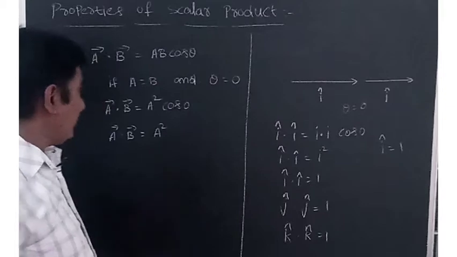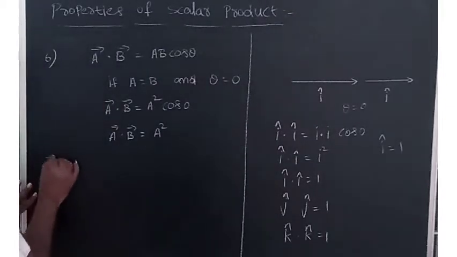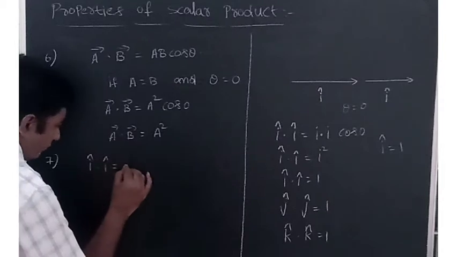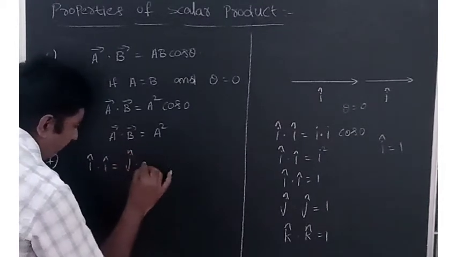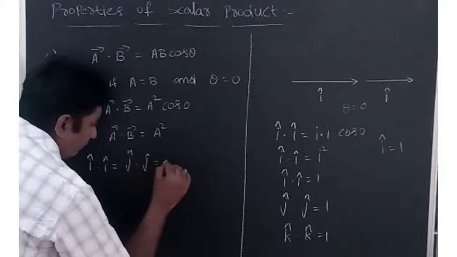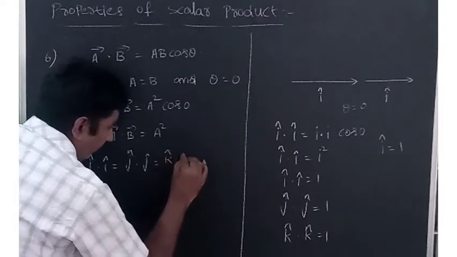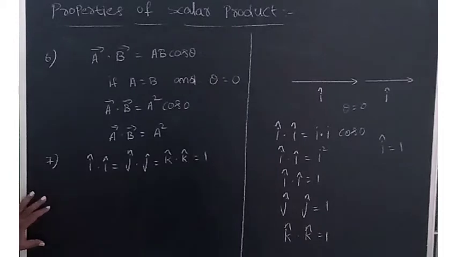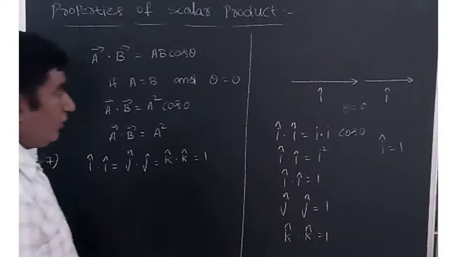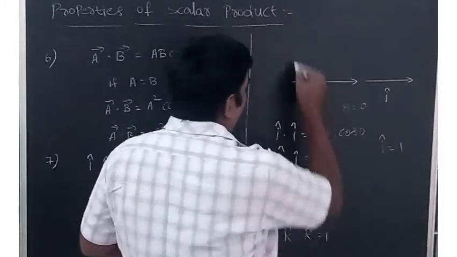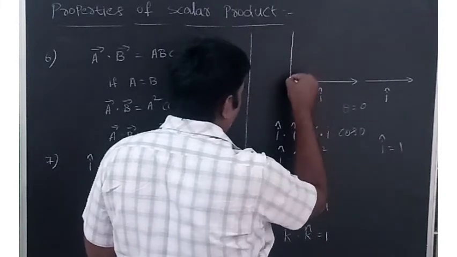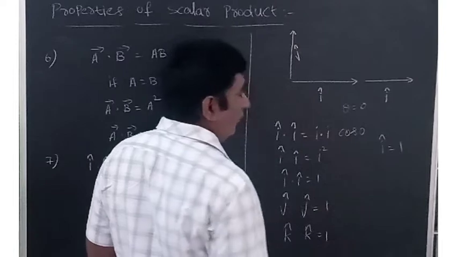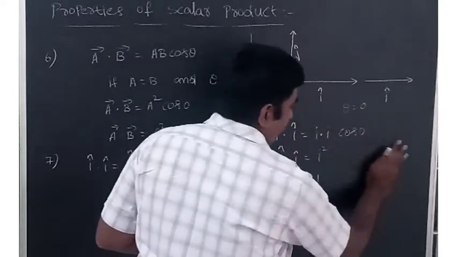So with the help of this, simply you can write i dot i equals j dot j equals k dot k. That value is equal to 1, which we are going to get. Okay, now the same example I am taking like this. One more is j cap, which is along the y axis.